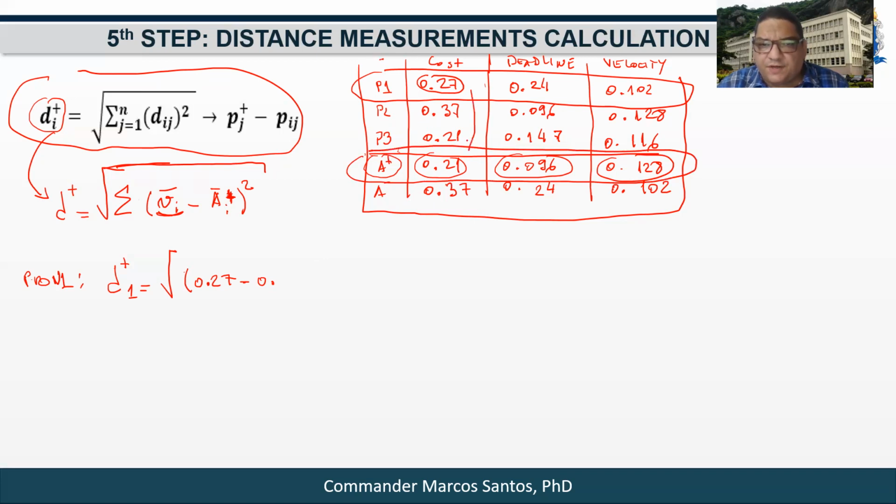So this is the difference: 0.27 minus 0.21 squared, plus 0.24 minus 0.096 squared, plus 0.102 minus 0.128 squared.